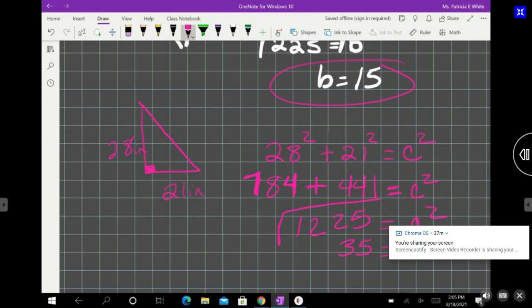Okay? All right, today we're going to do a maze. And you don't know what problem to do until you get the answer to the next problem.